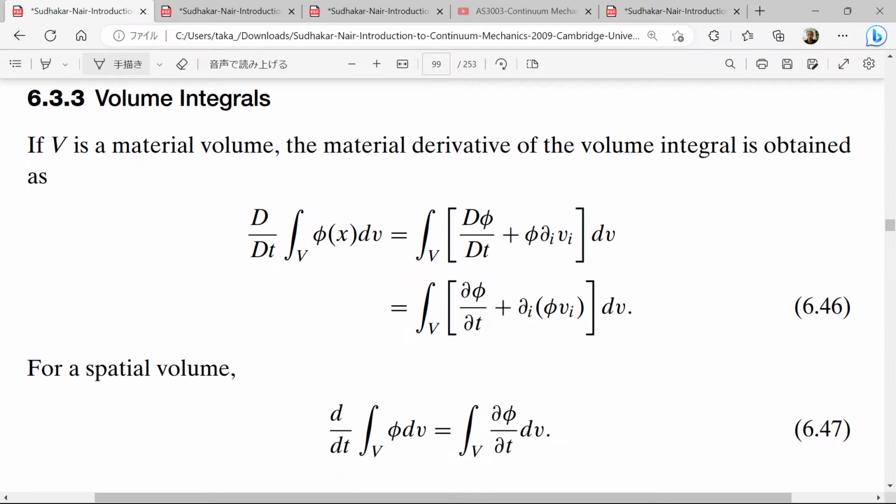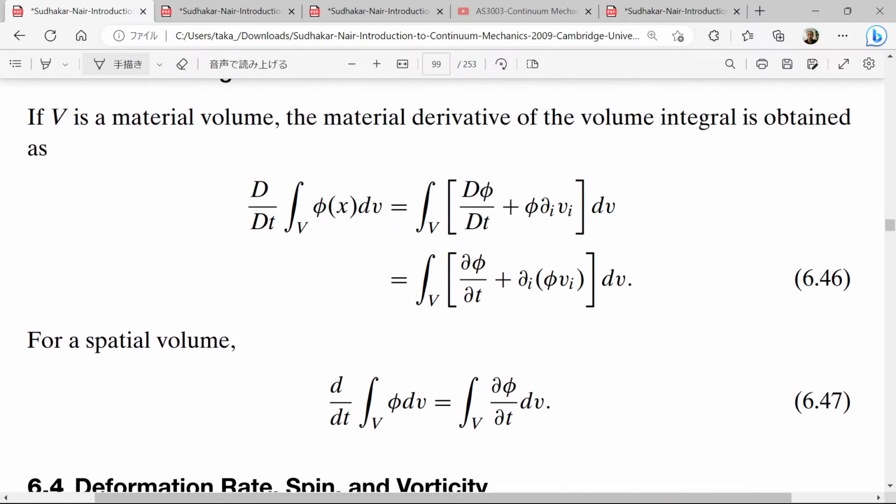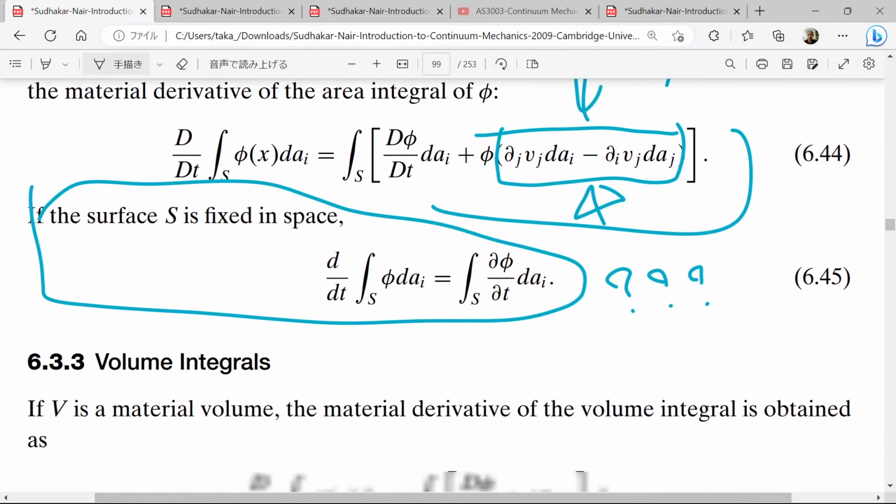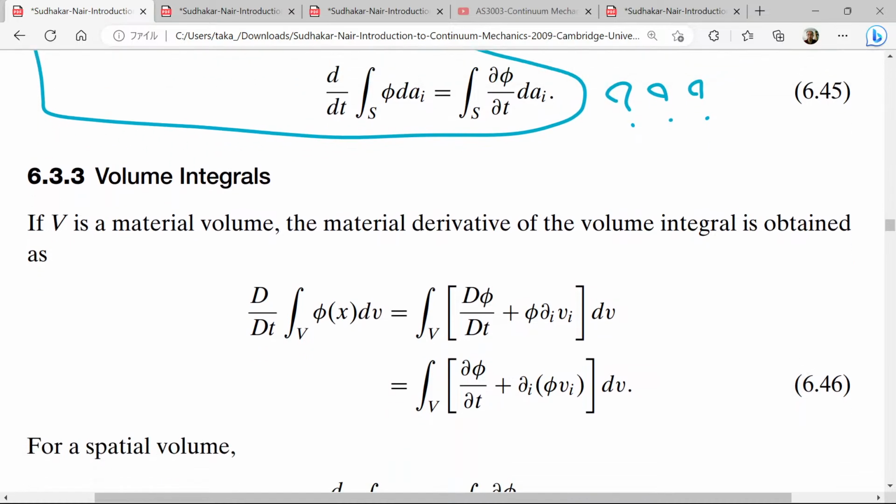And volume integral. This one we also do this.